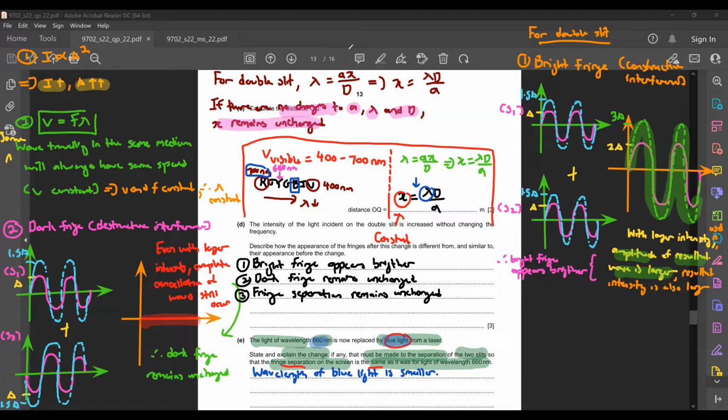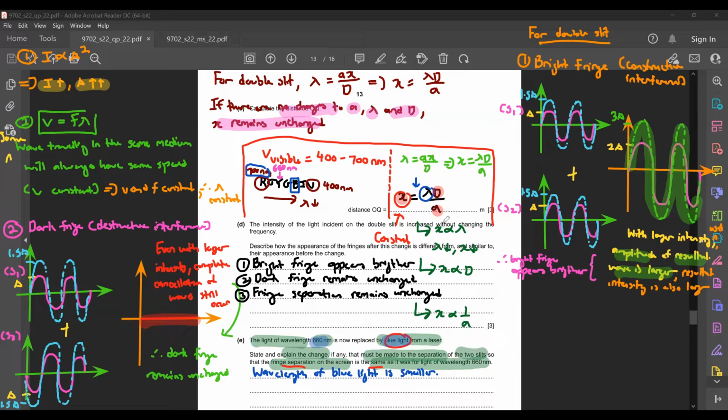Just look at the equation. If I wanted to make sure that x is constant here, I can only change D and a. x is proportional to lambda, so lambda drops, x would drop, right? Then x is proportional to D, and x is inversely proportional to a.